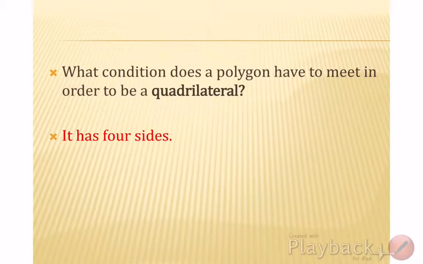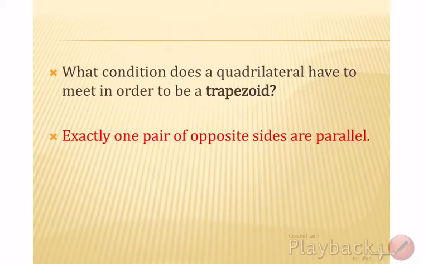What condition does a polygon have to meet in order to be a quadrilateral? It has four sides. We remember that quad is the prefix for four. What condition does a quadrilateral have to meet in order to be a trapezoid? Exactly one pair of opposite sides are parallel.